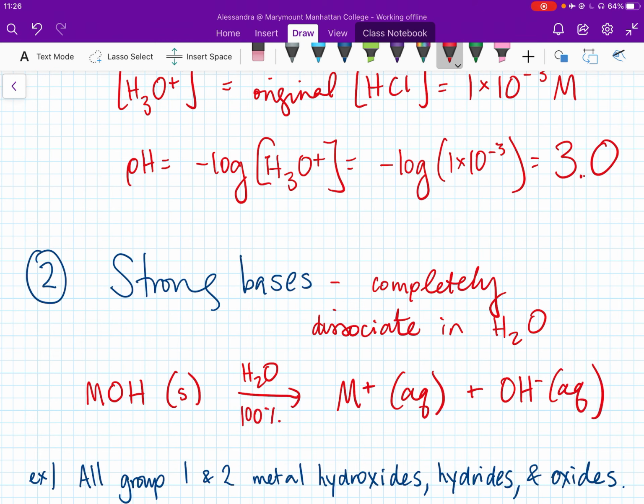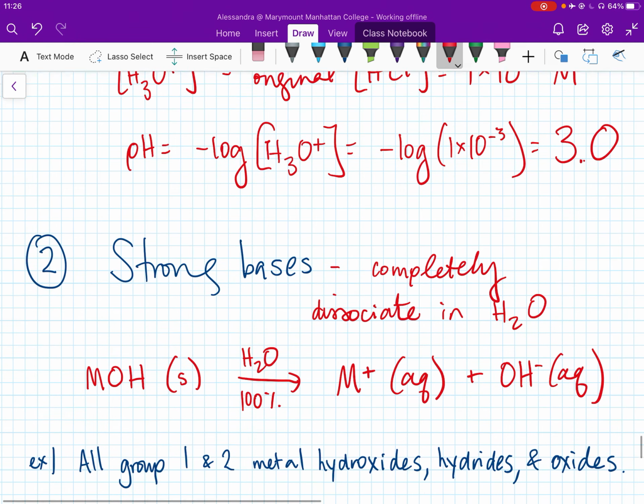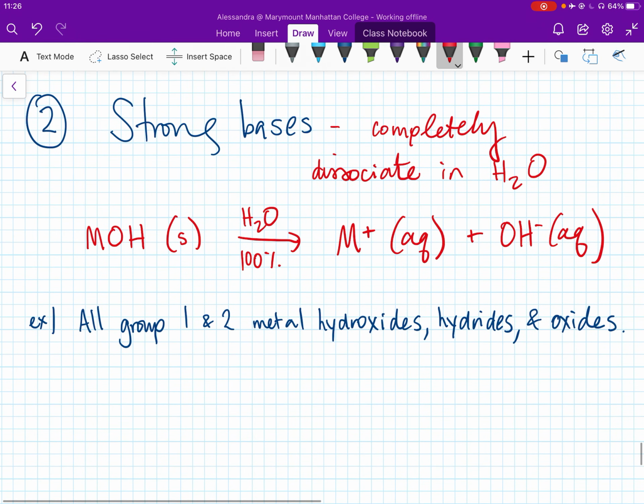This is not an equilibrium reaction. It goes all the way to completion, complete dissociation into ions. That's what defines a strong base. So strong bases, for our purposes, you can think of as all group 1 and 2, the alkali and the alkaline earth metals, all group 1 and 2 metal hydroxides, hydrides, and oxides.